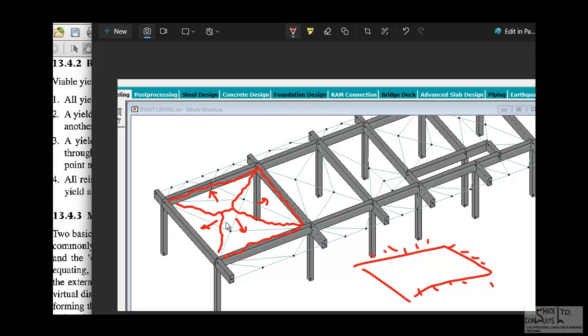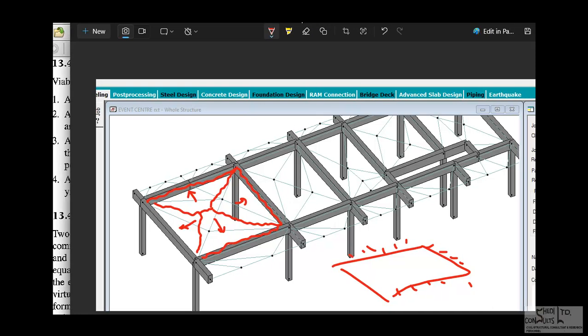Now, this is very important that people understand how the loads are transferred. I've reviewed different structural analysis models, and you see structural engineers loading beams arbitrarily. Some of these beams are either overloaded or underloaded.